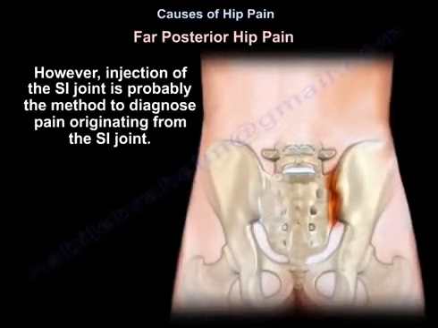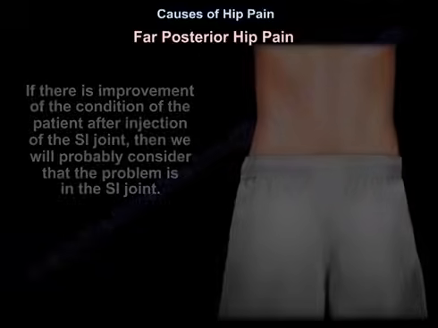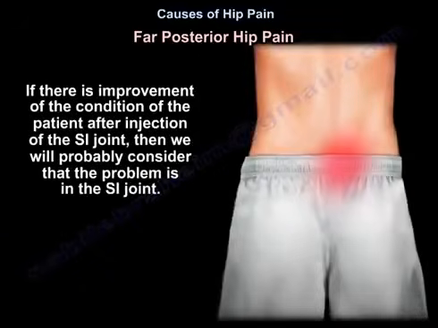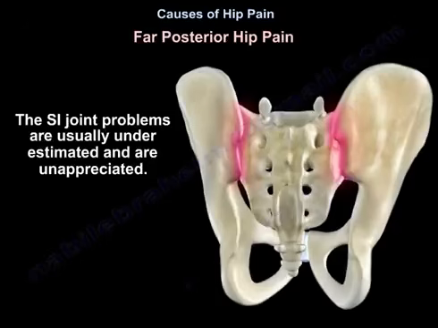However, injection of the SI joint is probably the method to diagnose pain originating from the SI joint. If there is improvement of the condition of the patient after injection of the sacroiliac joint, then we will probably consider that the problem is in the SI joint. The SI joint problems are usually underestimated and are unappreciated.